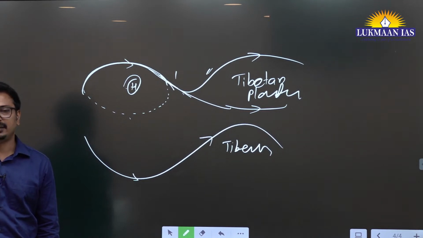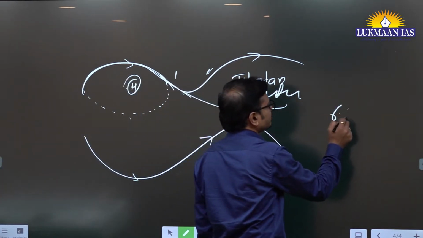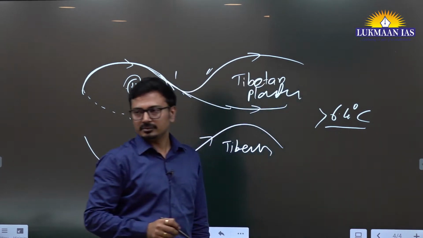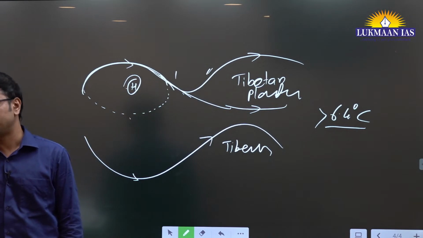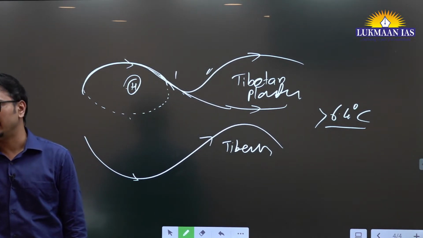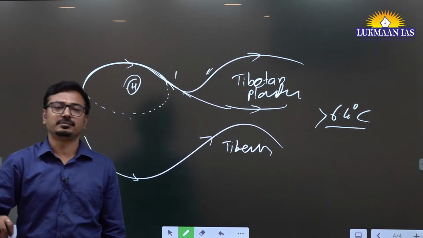And it can be a severe heat wave where the temperature is 6.4 degrees Celsius more than the normal or average of that place. So deviation from normal is also a major criterion to declare a heat wave.